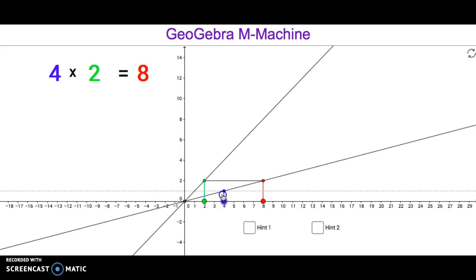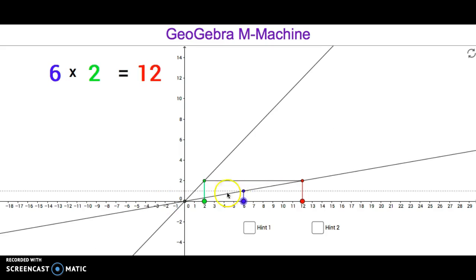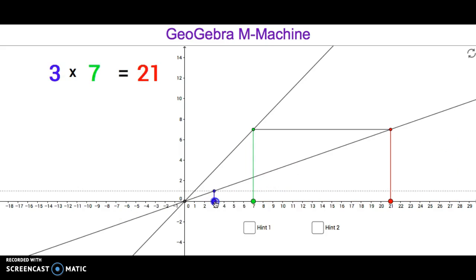This also has to do with similar triangles. If I move it a little closer, notice that this triangle right here has a height of 1, I apologize, and a base of 3.